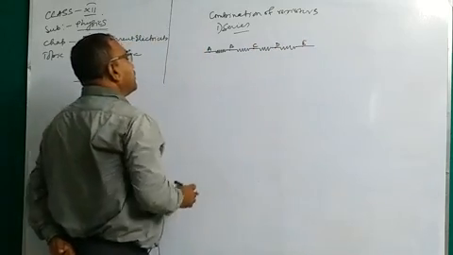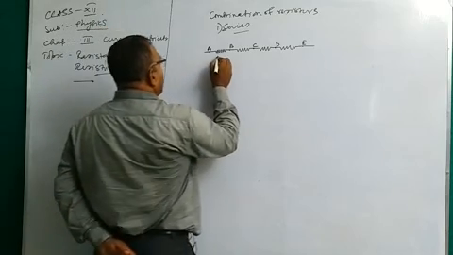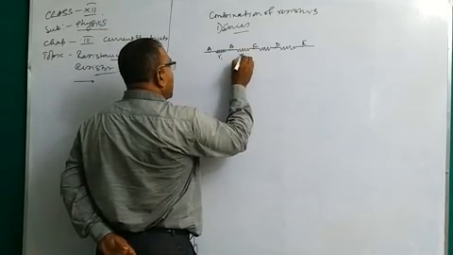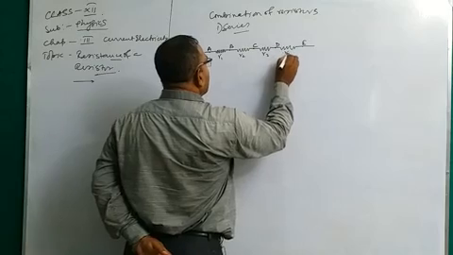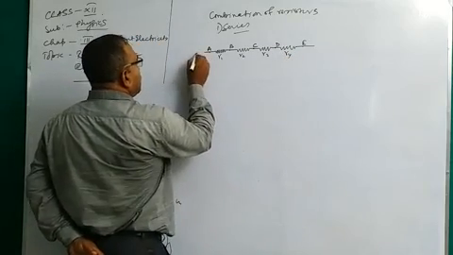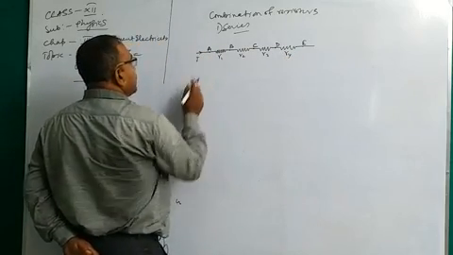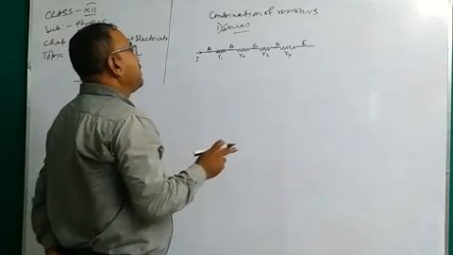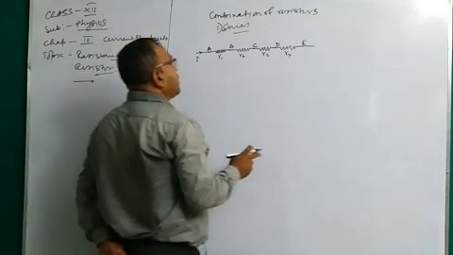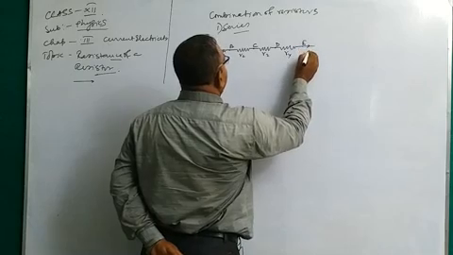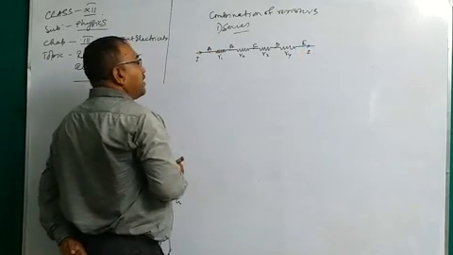The values of the resistances are R1, R2, R3 and R4. The current passing through the conductor is I. So in the series connection, through each and every resistor, the value of the current will be the same. Am I clear?